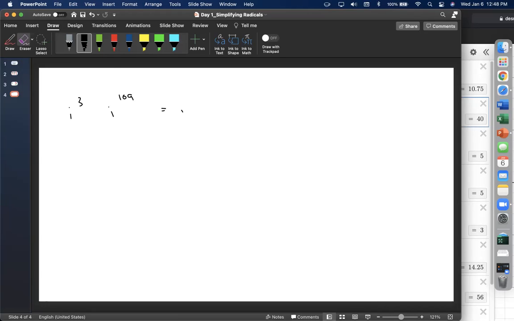And I don't mean plus. Here I actually mean times. So when we have multiplication here and our base is the same, we get to add the exponents. So this becomes i up to the 3 plus 109. And this gives us i up to 112.